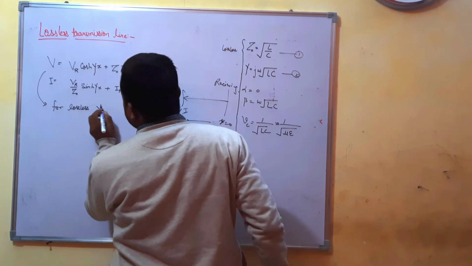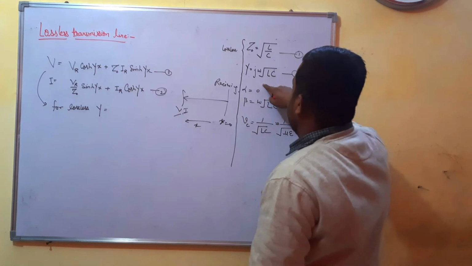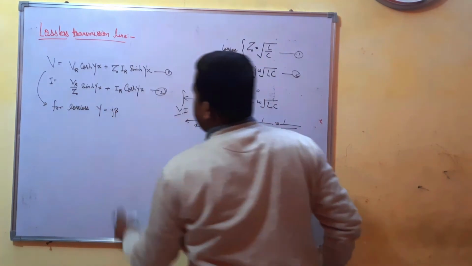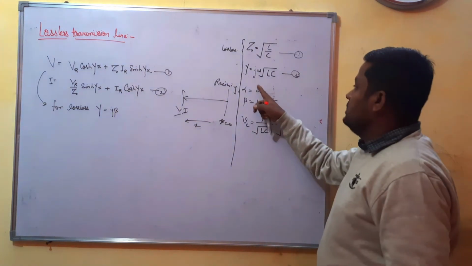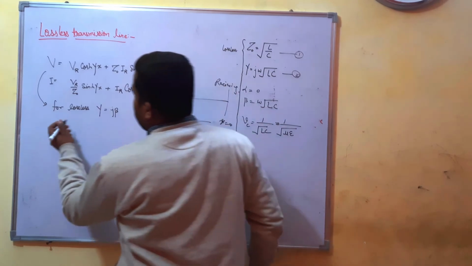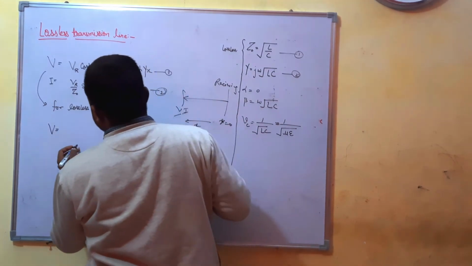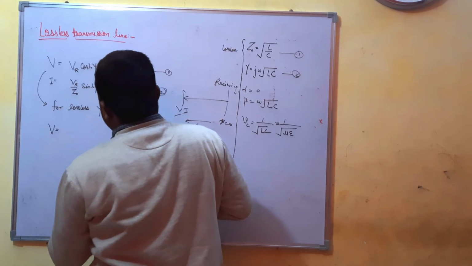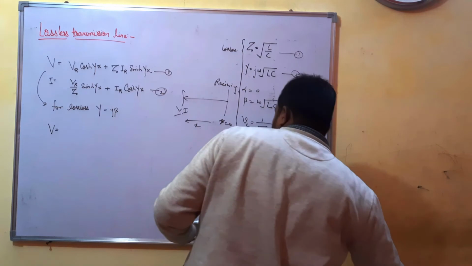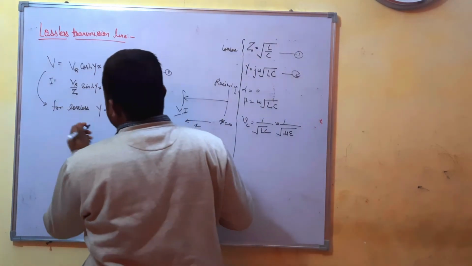Now for a lossless line, gamma is equal to j beta, that is j omega under root LC, and beta is equal to omega under root LC. So put here, for a lossless line, the voltage becomes... Firstly derive cosh gamma x and sinh gamma x.